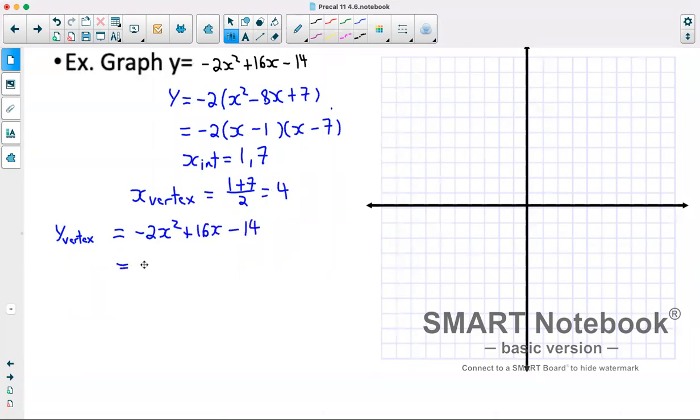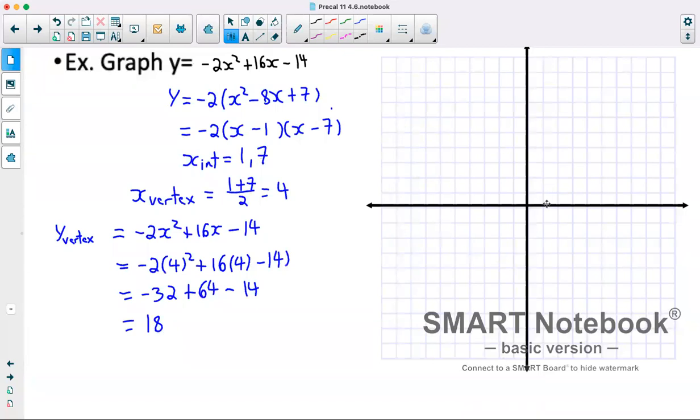Substitute our 4 in. So we have -2 times 4 squared plus 16 times 4 minus 14. 4 squared is 16 times -2 is -32. 16 times 4 is positive 64. So -32 plus 64 is 32, minus 14 is 18.